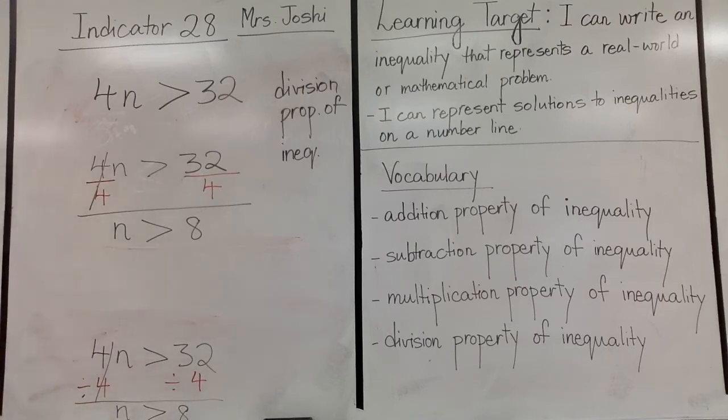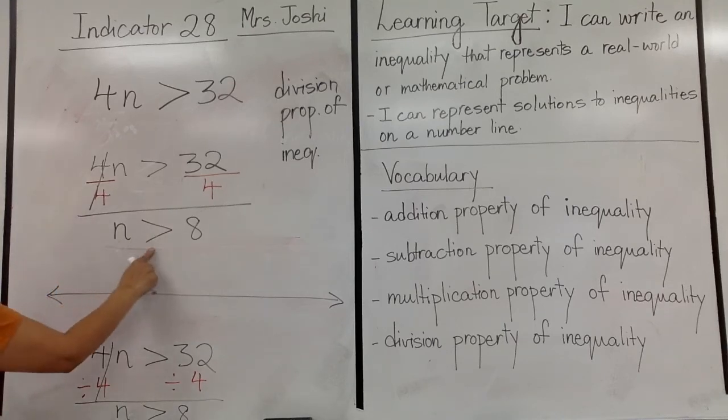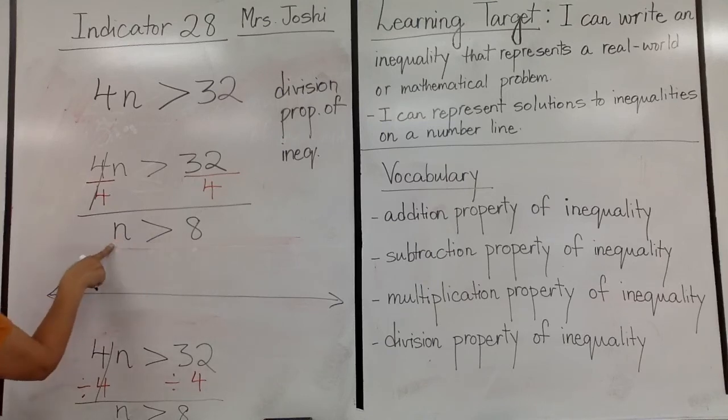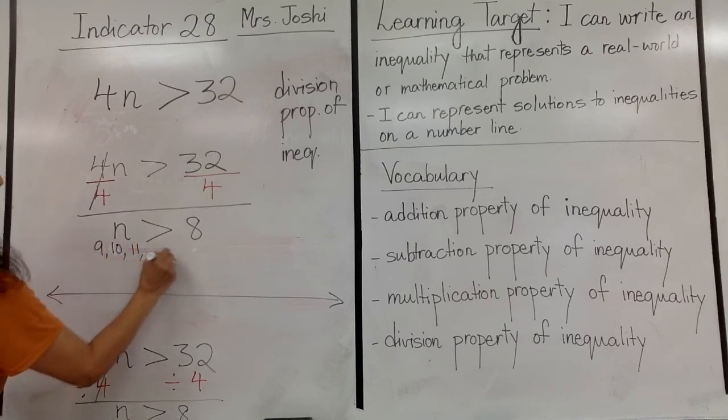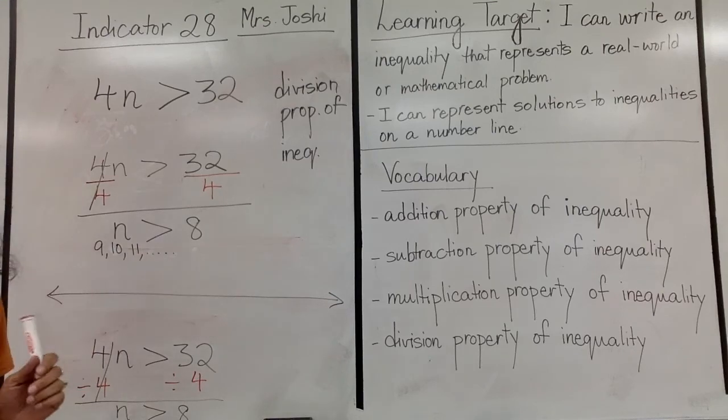Okay, so now, once you have n is greater than 8, and before you solve it, make sure that you are giving the values so your arrow on the graph goes in the correct direction. Okay, so it's not saying is equal to 8, so 8 is definitely not part of it. Then I think of what could be greater than 8. Well, 9 definitely is greater, 10 is greater, 11 is greater, so that means all the numbers on the right.